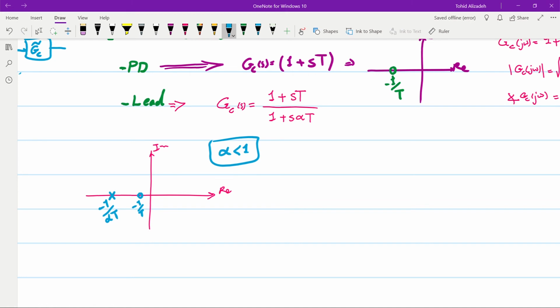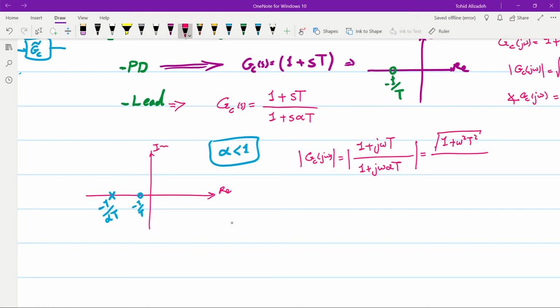Now we can figure out how the Bode plot for this controller will look like. We can write down the amplitude for GC of j omega. It will be the amplitude of (1 plus j omega T) over (1 plus j omega alpha T), which will give us square root of (1 plus omega squared T squared) over square root of (1 plus omega squared alpha squared T squared).